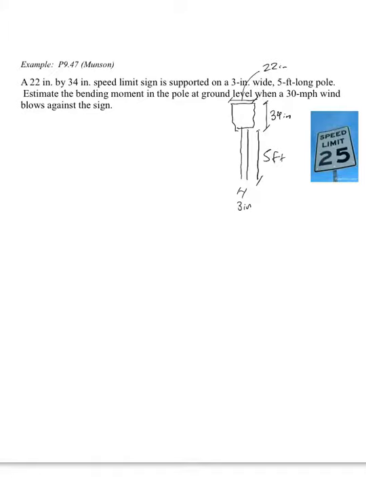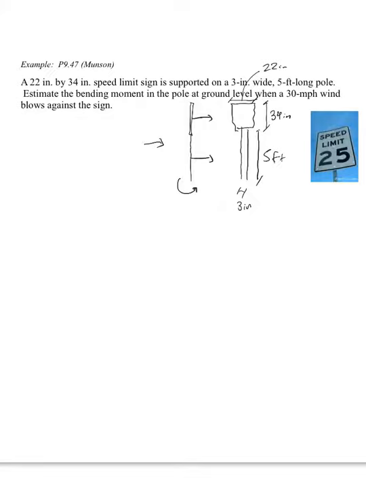And if we look at this from the side, we have our pole and our sign, and we've got wind blowing, and there's going to be a bending moment generated at the base of the sign. We have some drag force that we need to account for on the pole, and some drag force we account for on the sign.